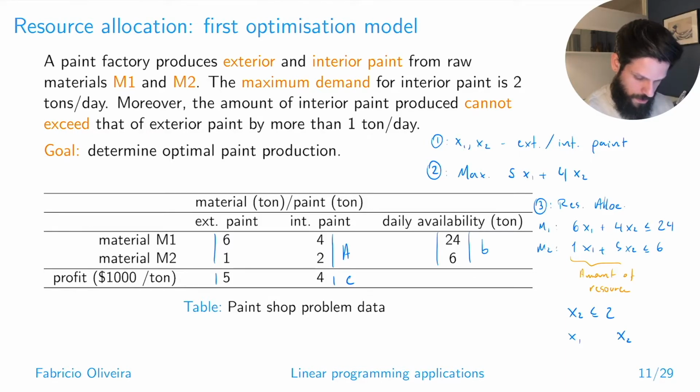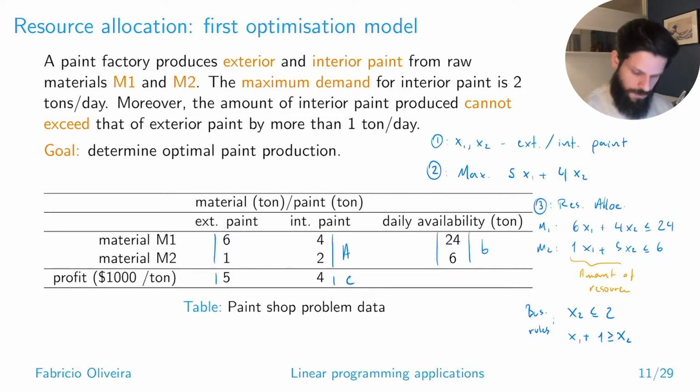So the amount of interior paint has to be less or equal than the amount of exterior paint plus 1 unit. Sometimes you have to be careful with these because it's quite easy to get them wrong. Let me just put this a bit better, easy to read. And I wrote it like that as a greater or equal than constraint. But to be honest, this is the same as saying that x2 is less or equal than x1 plus 1. You can have it any way.